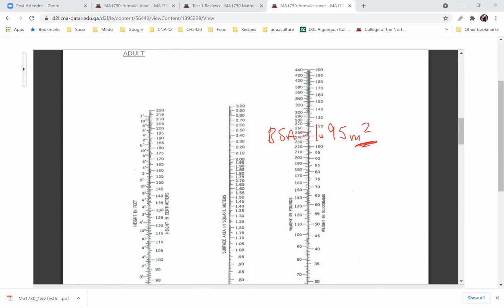So on your formula sheet, it says that the normal adult dose for a person is the body surface area of that person divided by 1.73 meters squared times the usual adult dose.